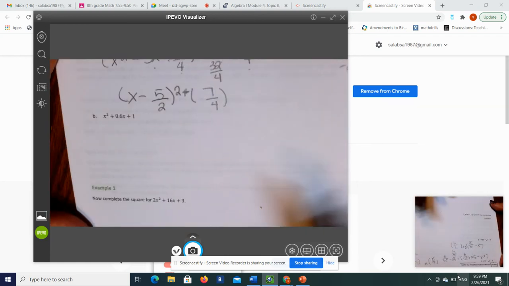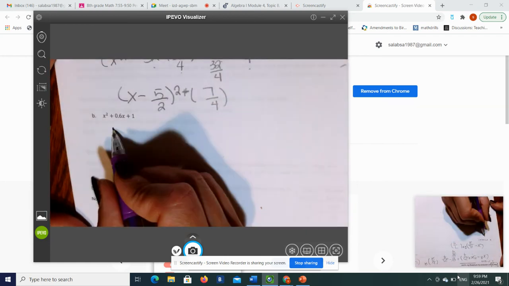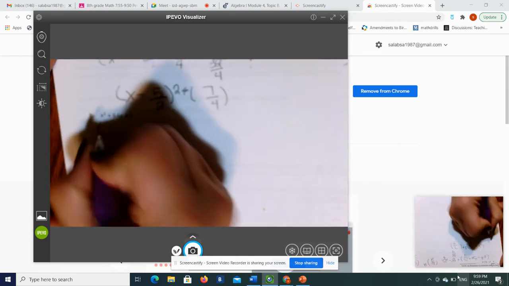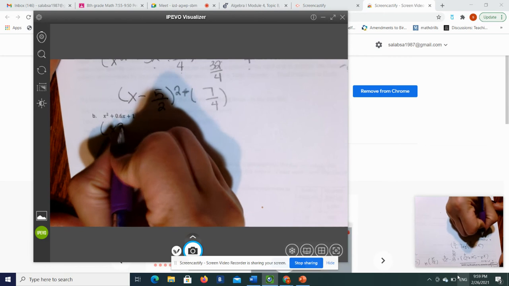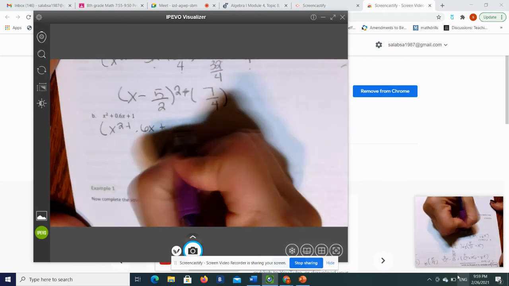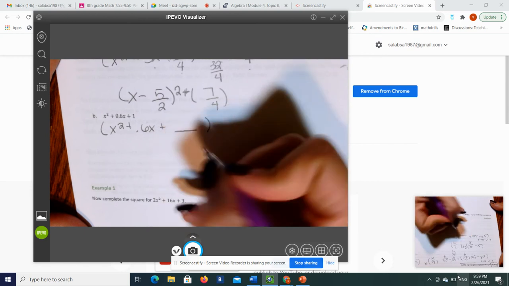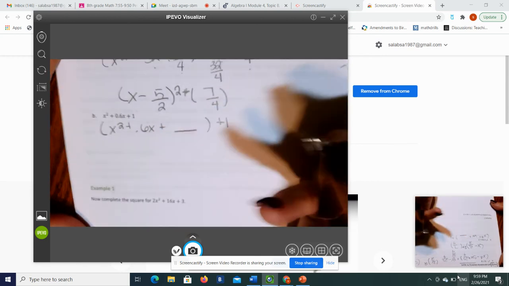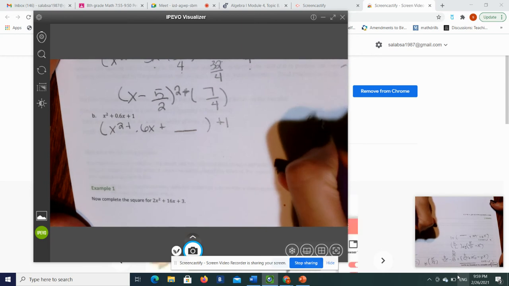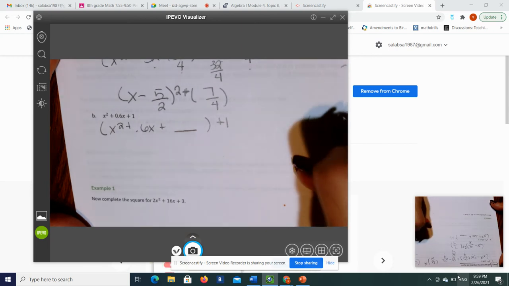Well, let's move on to example B. We have x squared plus 0.6x plus 1. Again, we're going to factor it out. We got x squared plus 0.6x plus, we don't know what's going to go for c. We're going to put our parentheses here, plus 1. So we're going to do now 0.6 over 2 squared.